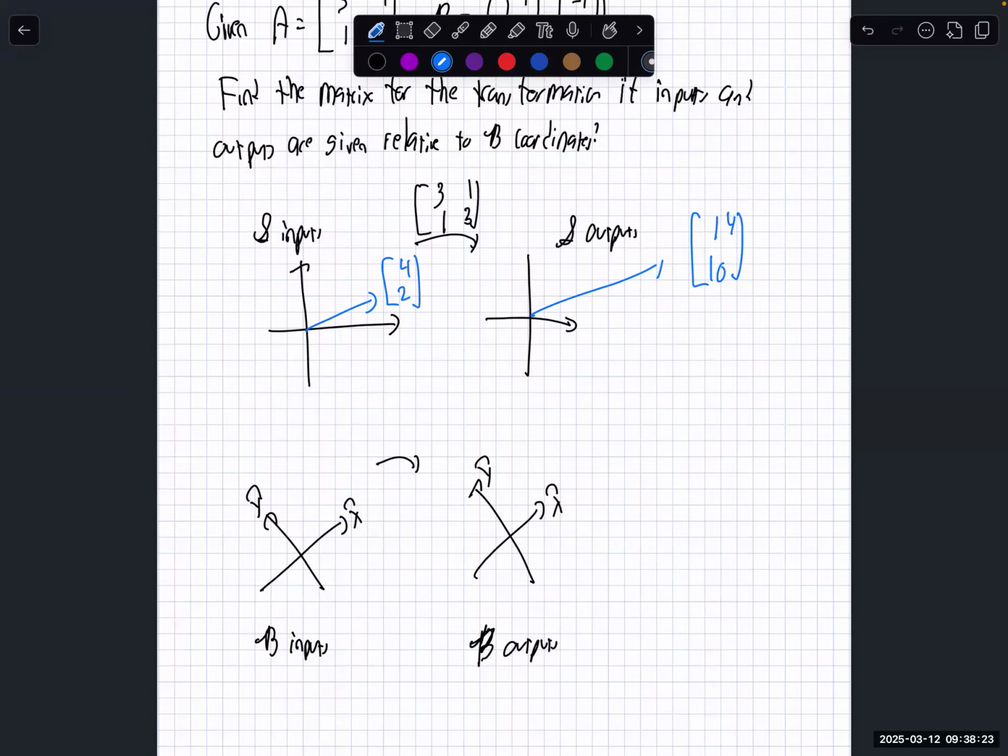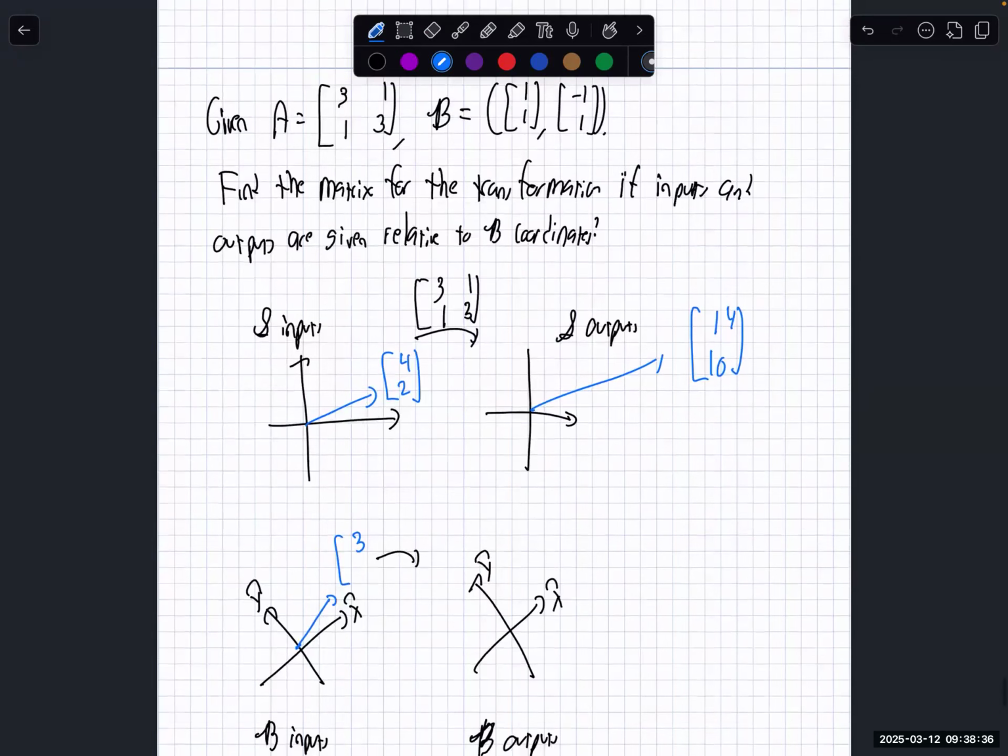Okay, but 4, 2, relative to this coordinate system, that same vector is going to be 3 of those, and this is going to be down here.